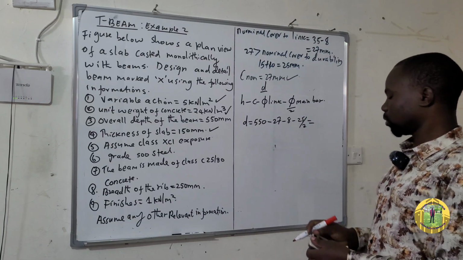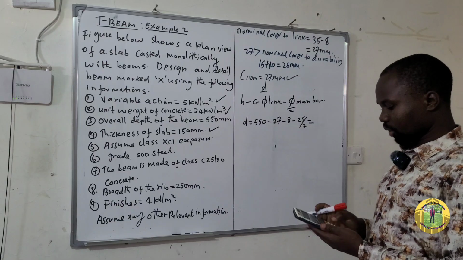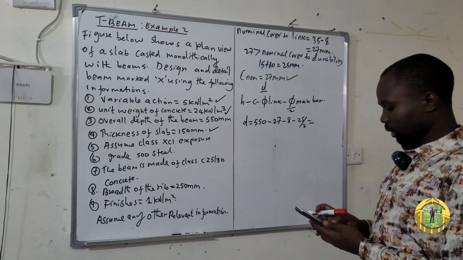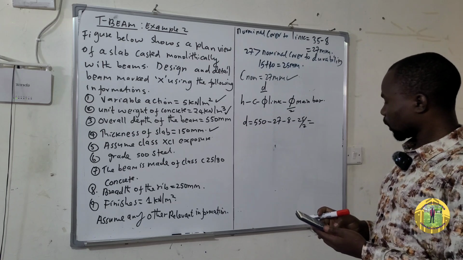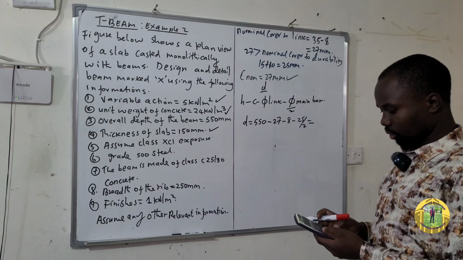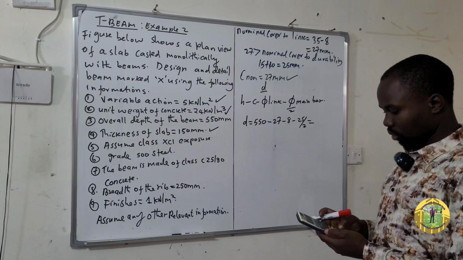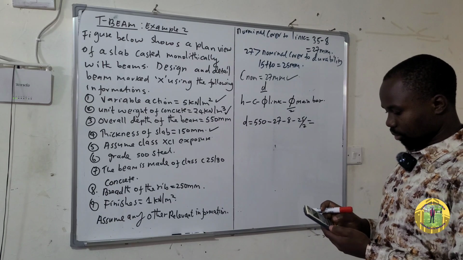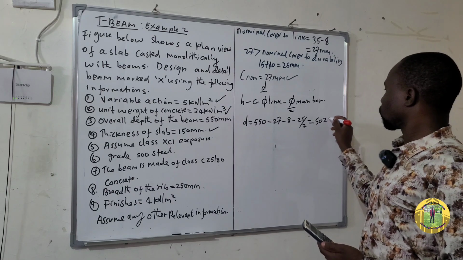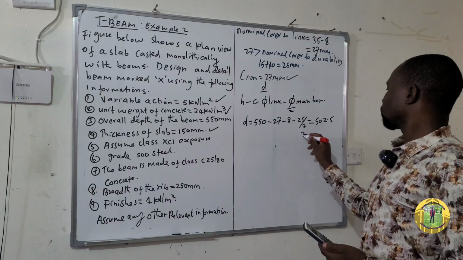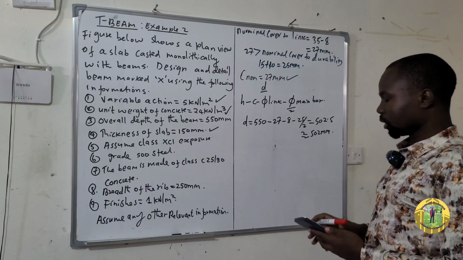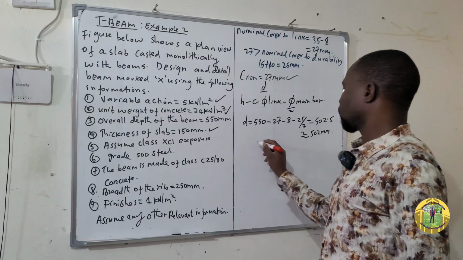So 550 minus 27 minus 8 minus 25 over 2, this is 502.5. So let's make it 502 millimeters.